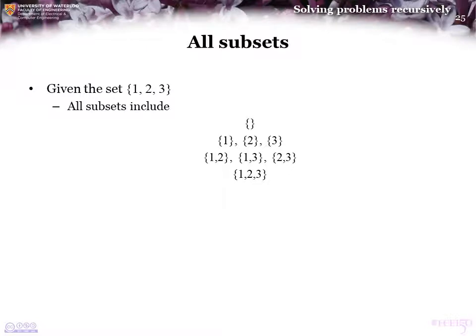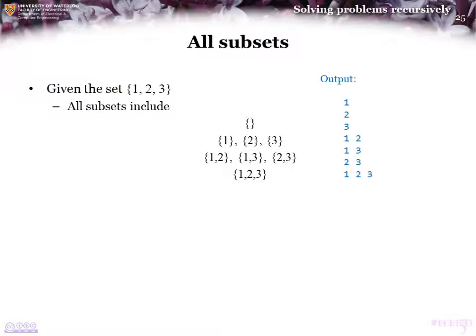So in this case, I have none of them, one of each, two different ones, and all three. As you may recall from secondary school, the number of possibilities for each of these is 3 choose 0, which is equal to 1, 3 choose 1, which is equal to 3, 3 choose 2, which is also equal to 3, and 3 choose 3, which again is equal to 1.